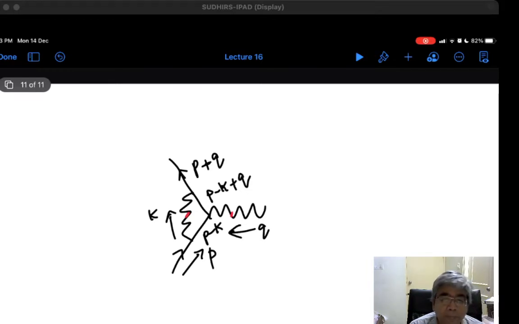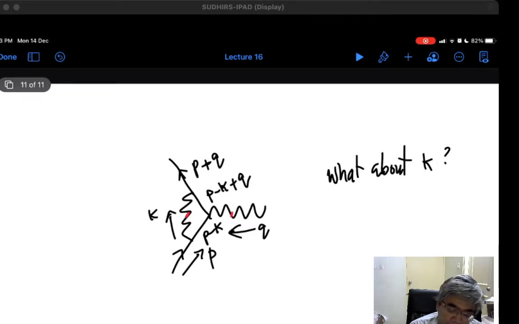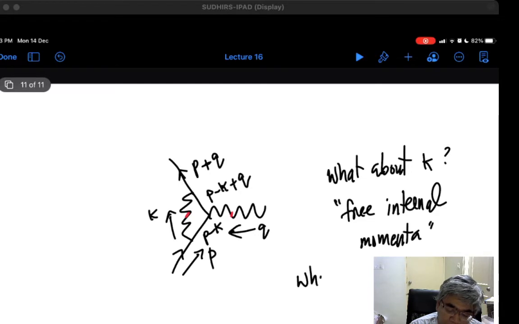K is some sort of an internal quantity. Now, how will you deal with K? K is a free parameter, an internal parameter, which can take any value.